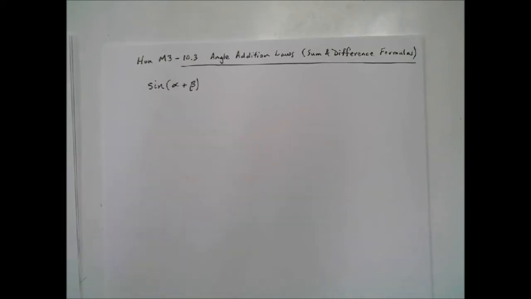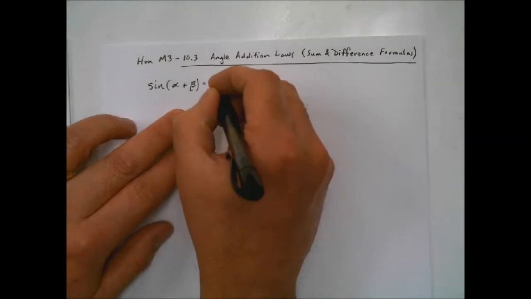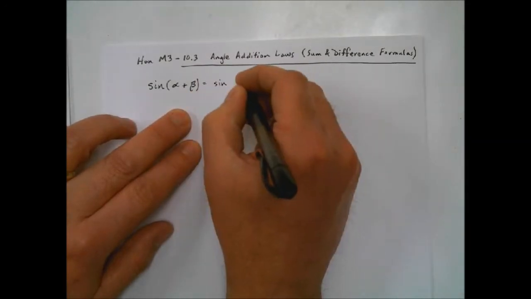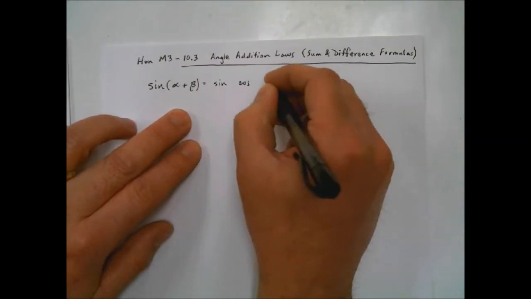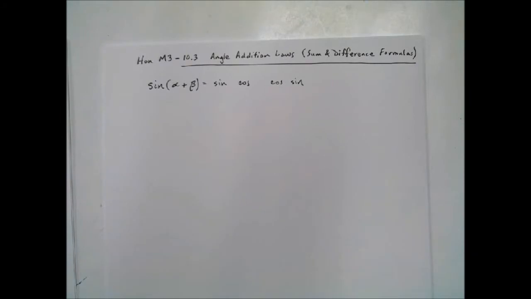And so here it is: sine cos, cosine sine. So what do I mean by that? It's sine cos, cos sine. And then we have to put the angles in because the trig function is meaningless without the angle.